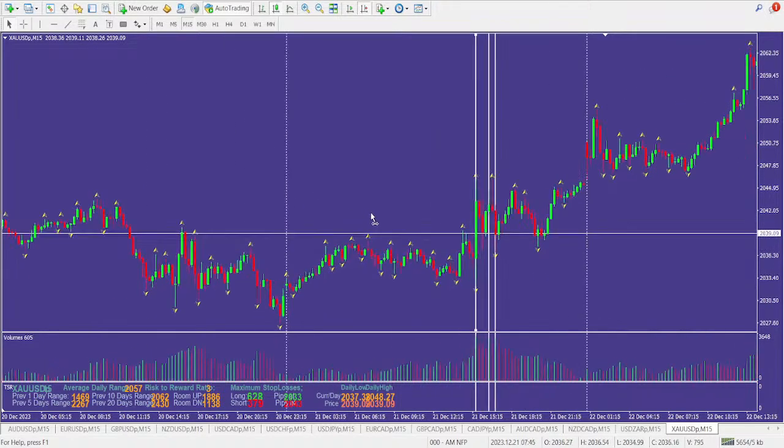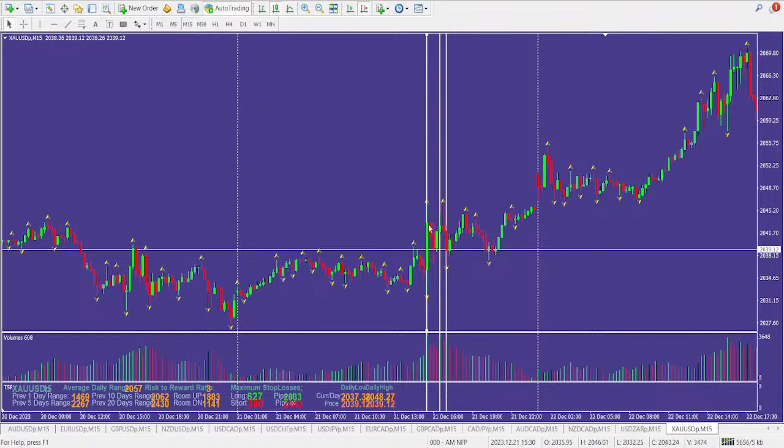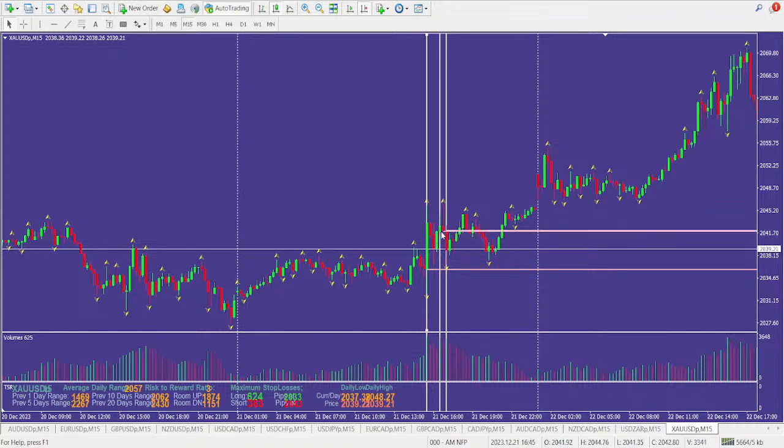So it's more of a zone that we have. This one and this one are pretty much at the same level. So this is our demand zone that we have over here on December 21st.